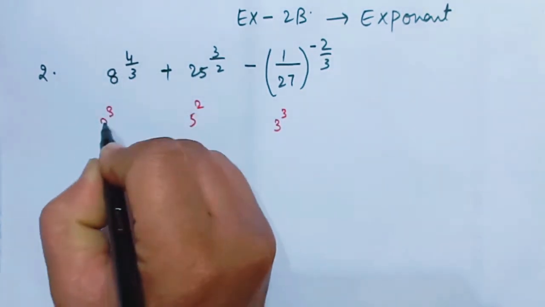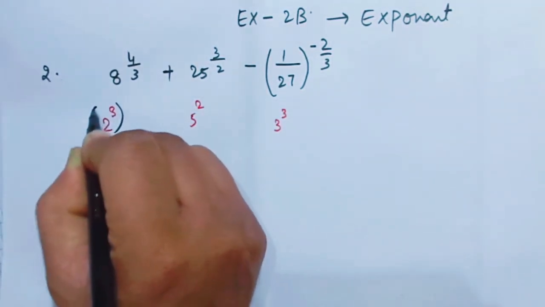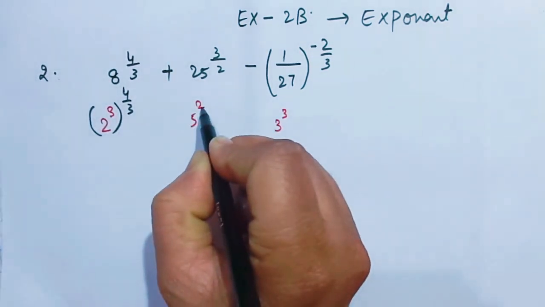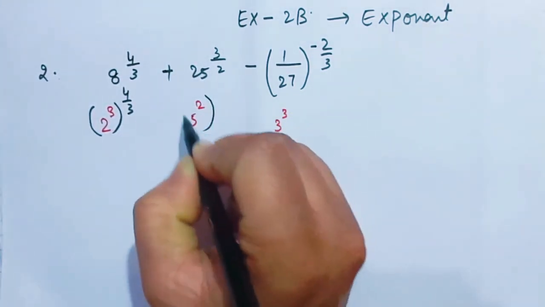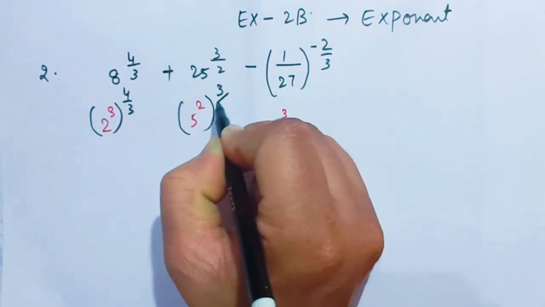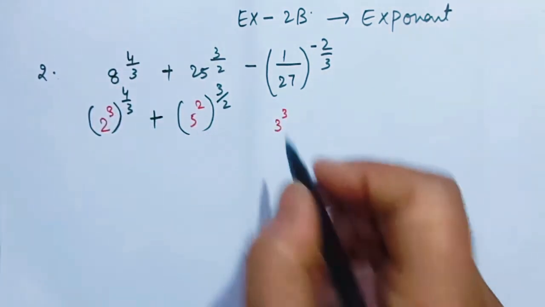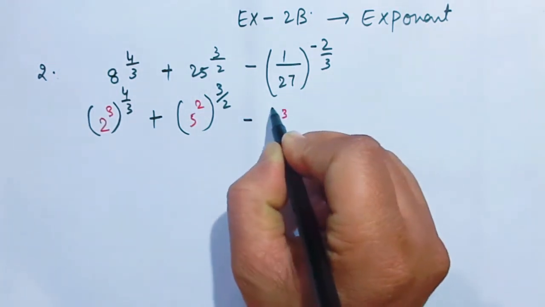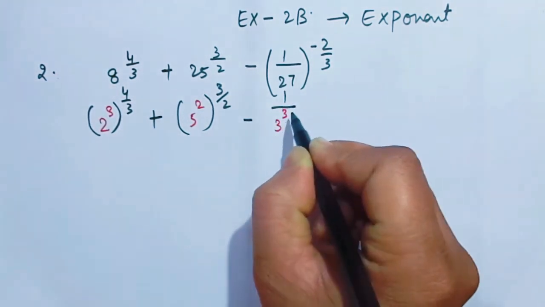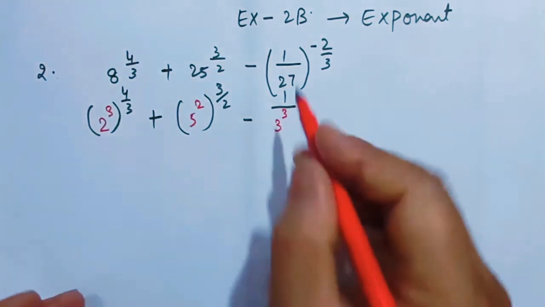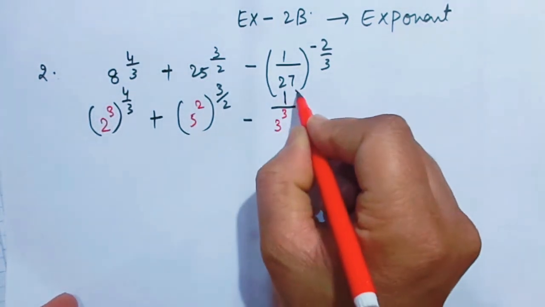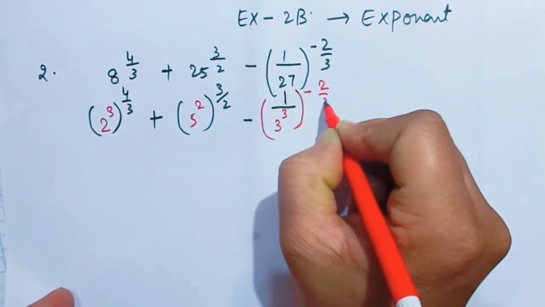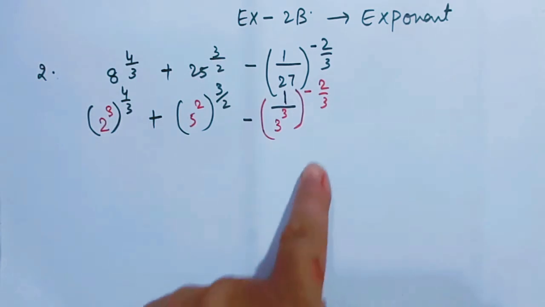Now, let us write it again. 8 was 2 to the power 3 whole to the power 4 by 3. Similarly, 25 was 5 square whole to the power 3 by 2. Once again, 1 by 27, that is 1 by 3 to the power 3 whole to the power minus 2 by 3. Clear?